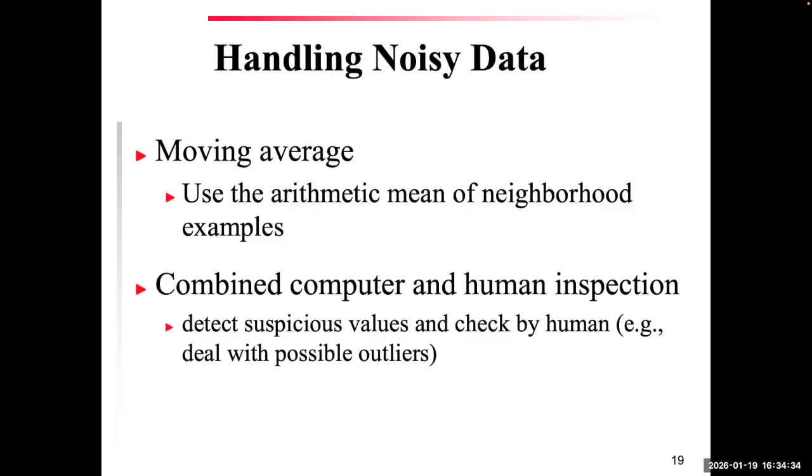That means not all the noises are errors. For example, if you have a sudden spike in sales, this could be because of a data error, but it could also mean a successful marketing campaign. So sometimes we care about them.